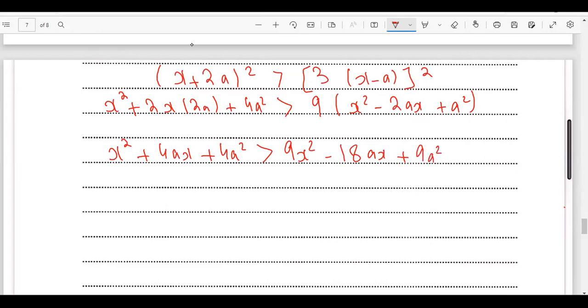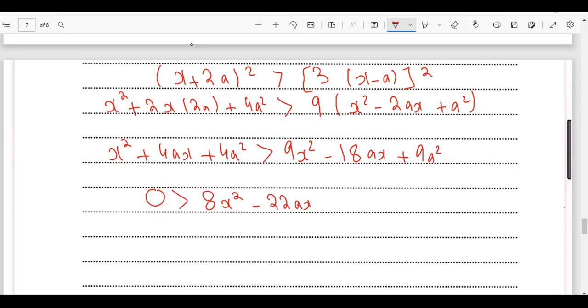Let's just simplify this completely. So 0 is greater than, I'll take everything to the other side. So 9x squared minus x squared would become 8x squared, minus 18ax minus 4ax would give me minus 22ax.